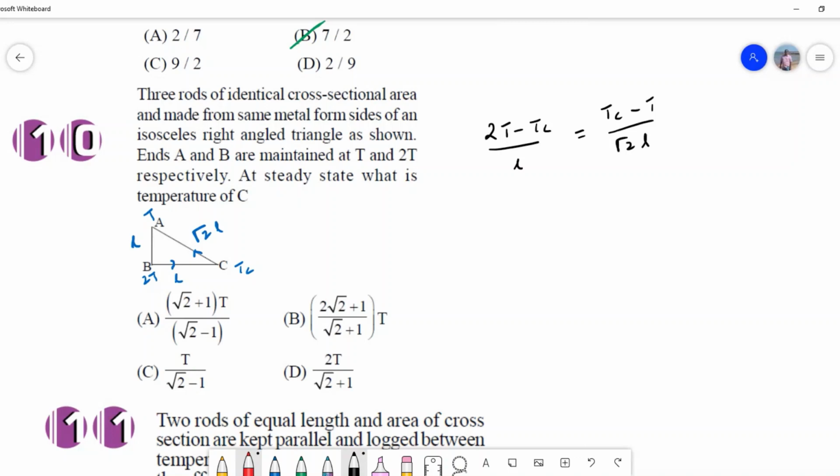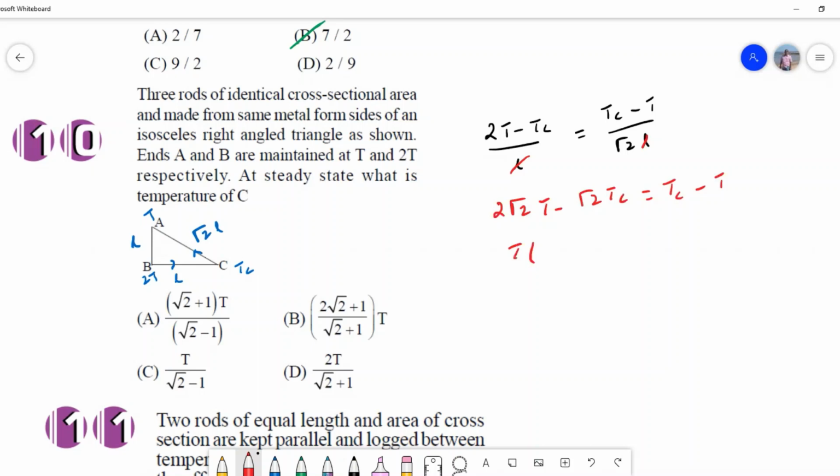Clearly the temperature difference between those two is 2T minus Tc and the length is L. Between C and A, the length is root 2 L. Now let's simplify that. Here clearly L cancels. If I simplify that, 2 root 2 T minus root 2 Tc is equal to Tc minus T.